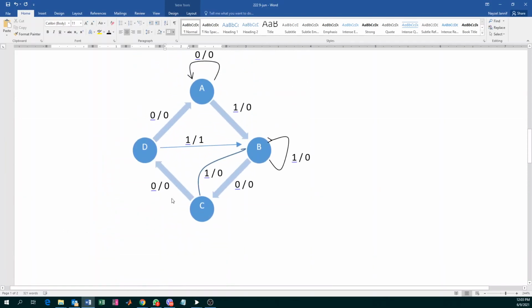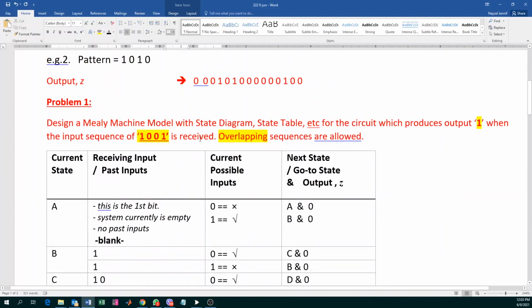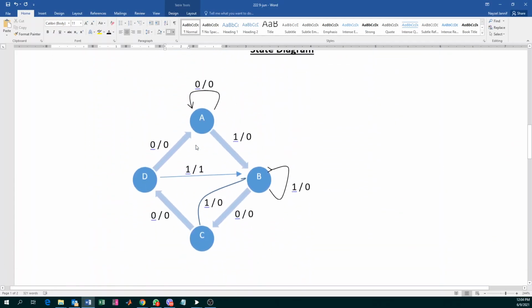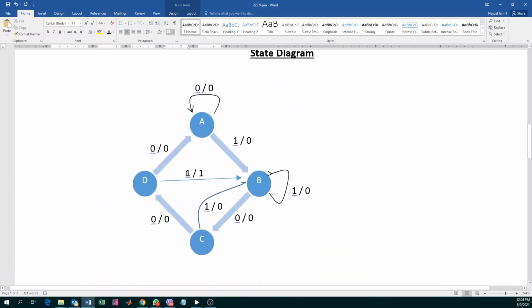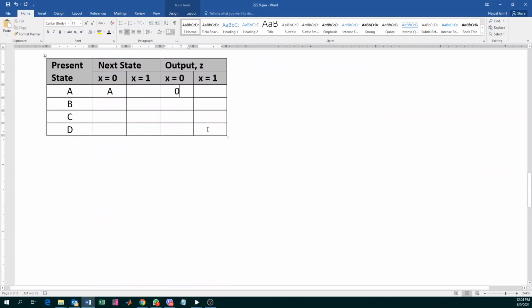In fact, we already know that the only time the output turns 1 is if you get 1001, and 1001 only occurs when you have D and an input of 1, then you have an output of 1. So that is the only place where you're going to get a 1.